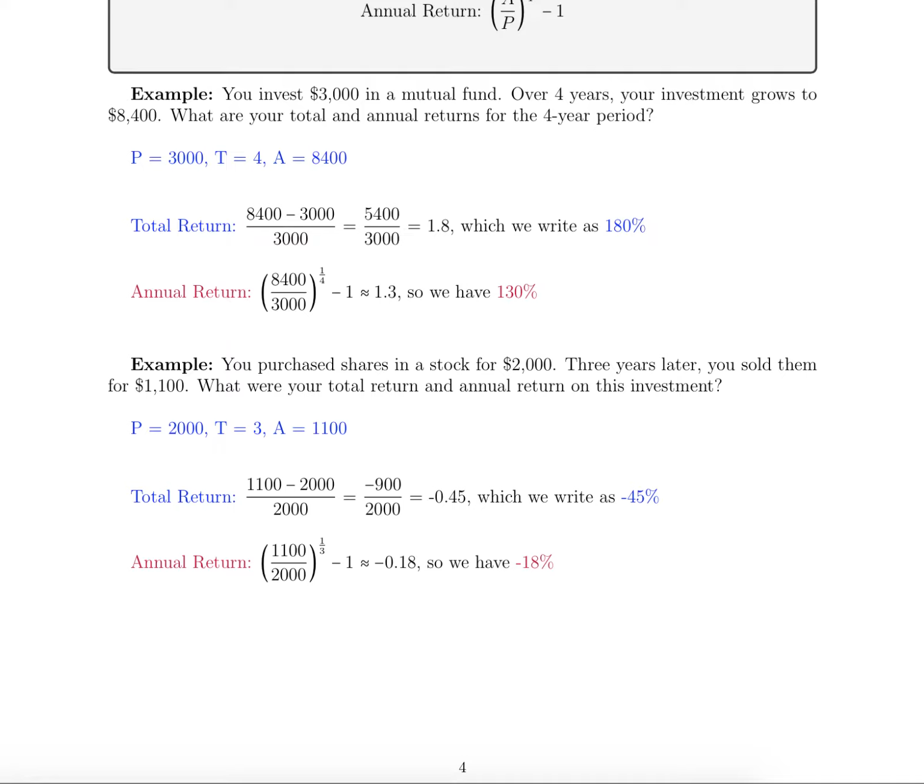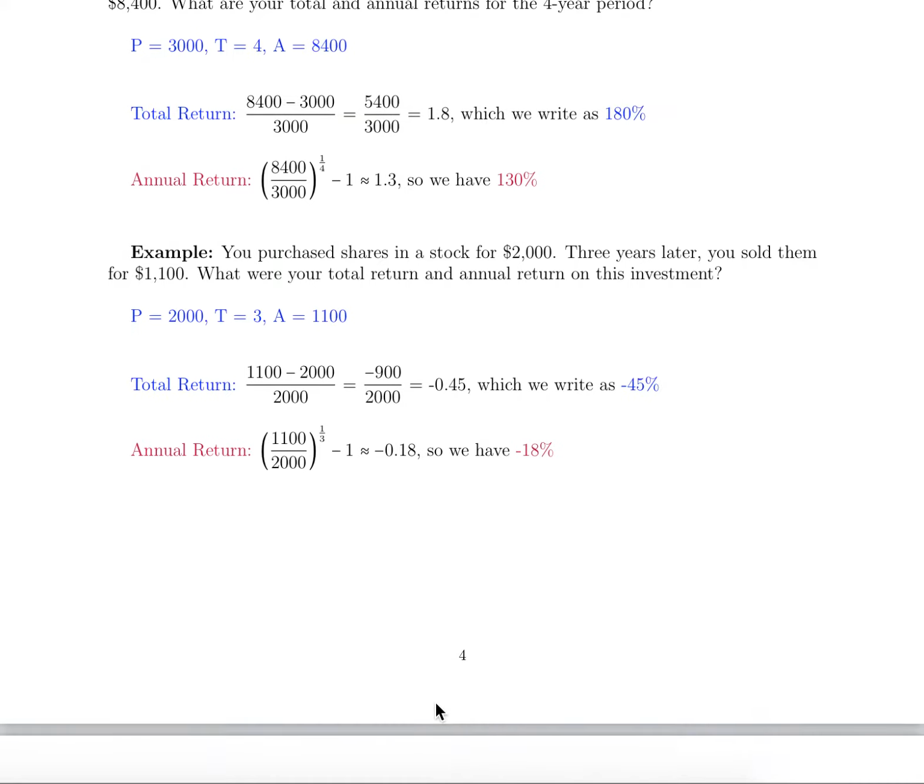Thus, we write that as negative 18%. Again, what this means is over the course of 3 years, we had negative 45% on our investment, so it was a loss, but per year it was negative 18%. So overall is total, per year is annual.